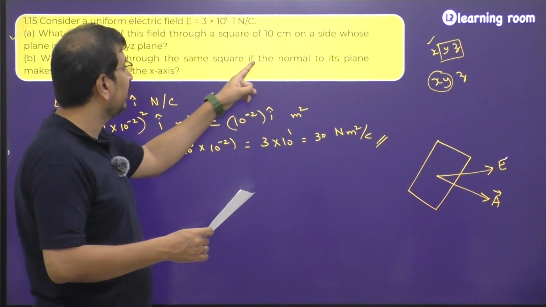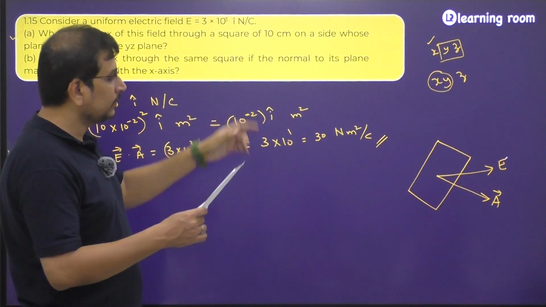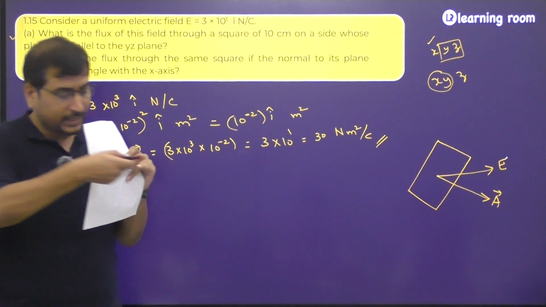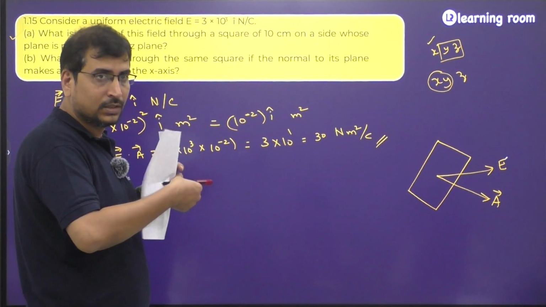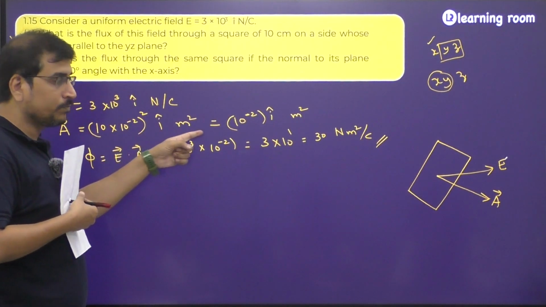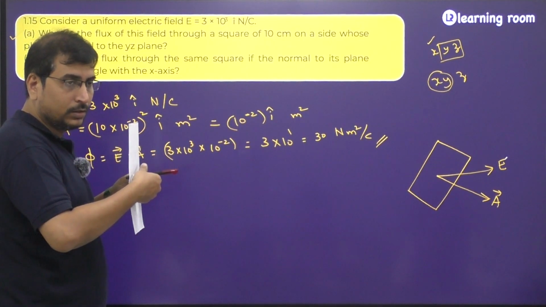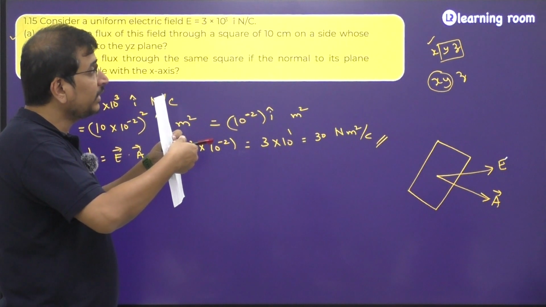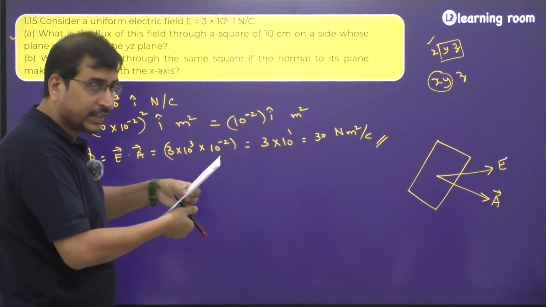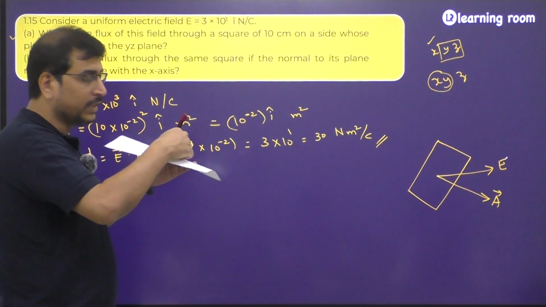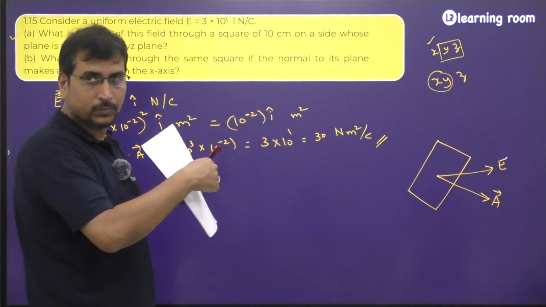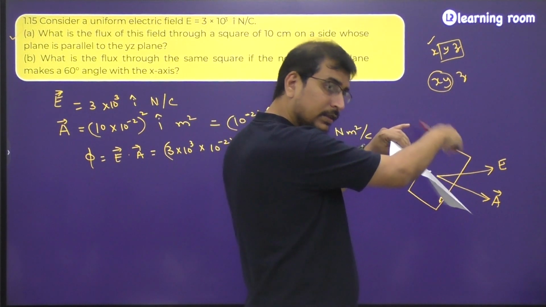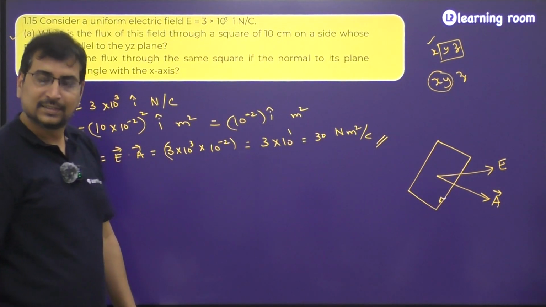In this question, what they are saying is the square is there and the normal to it. Initially it was like this. In case number A, it was like this. That is why we took I cap. We should not forget that electric field is confined to x direction only. When they say normal to the plane is making 60 degree, I can either take it like this or like this. Both are same. I could have tilted it like this and told that this is the normal. Then also the angle would have been 60 only.